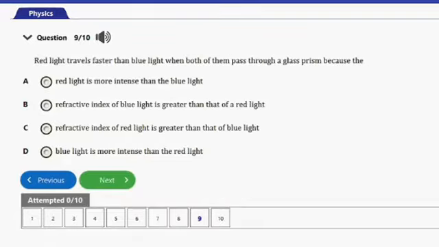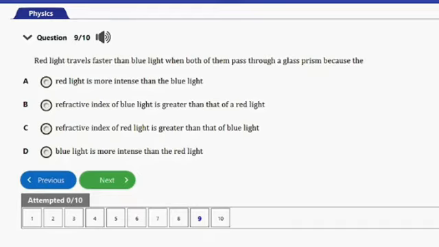So that's question number 9 here. It says, red light travels faster than blue light when both of them pass through a glass prism because the A. red light is more intense than the blue light. B. refractive index of blue light is greater than that of red light.